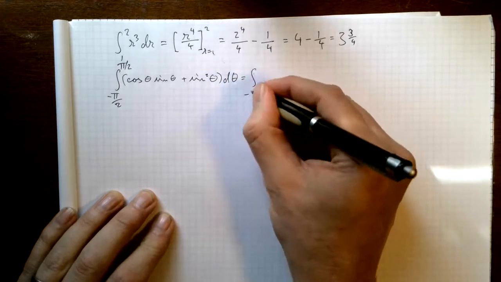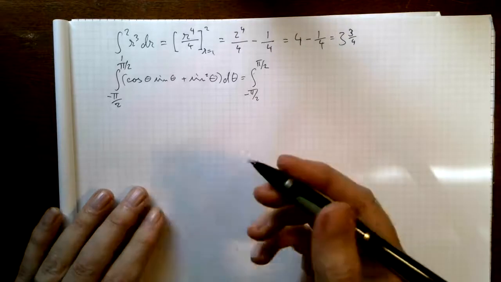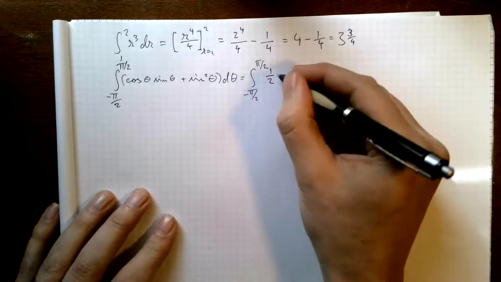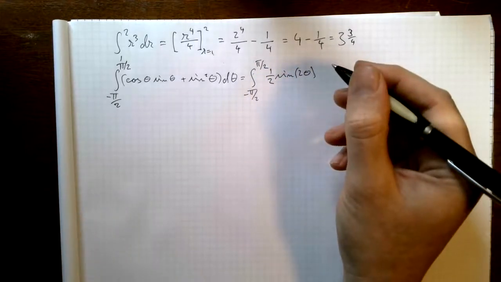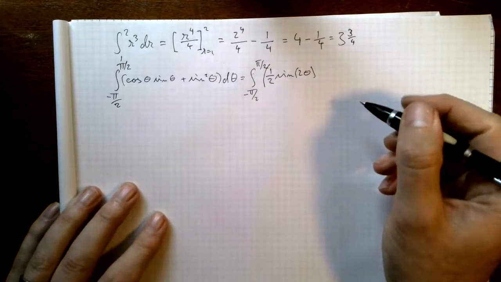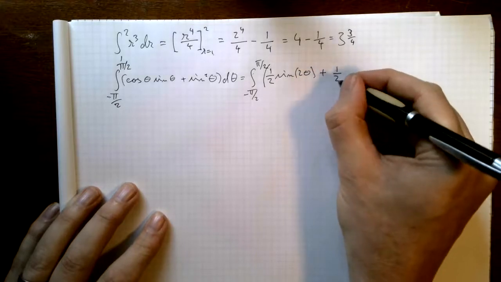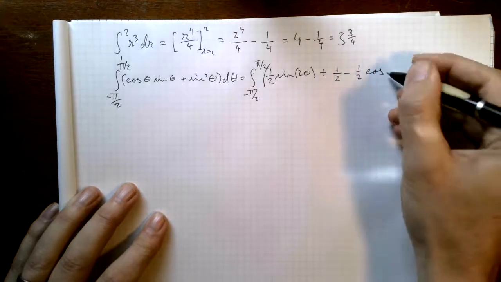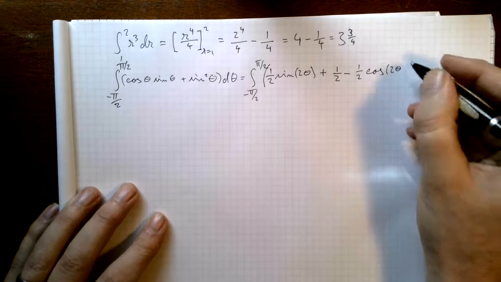Well, cosine sine, I multiply, that's 1/2 sine 2 theta. And sine squared is 1/2 minus 1/2 cosine 2 theta.